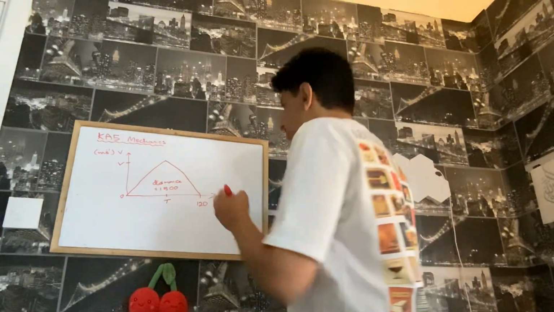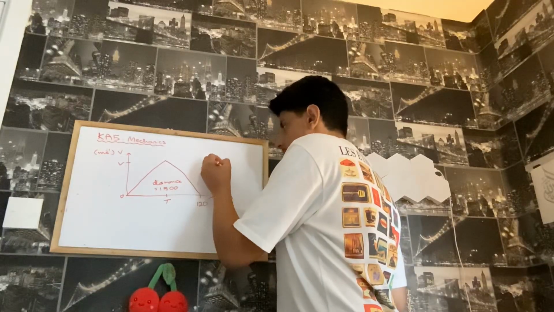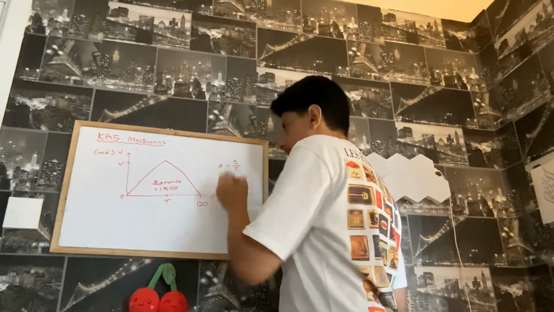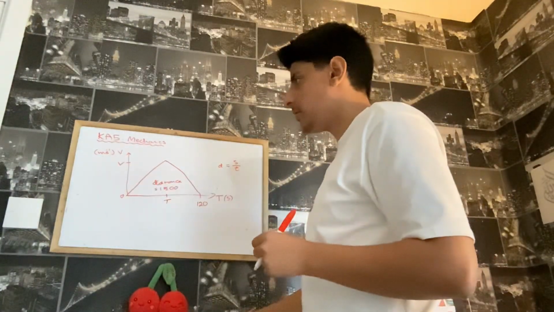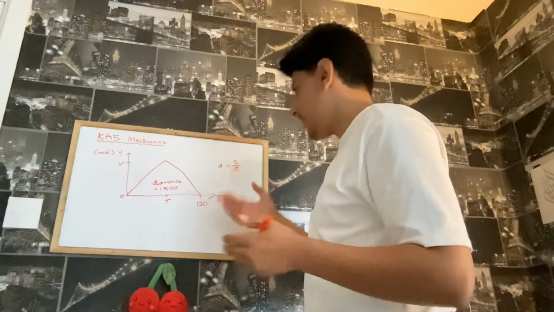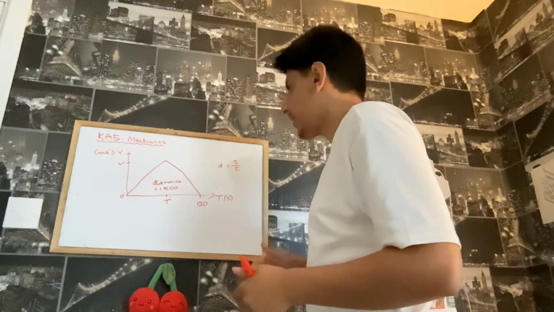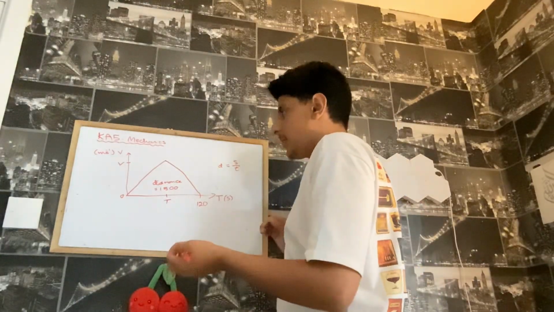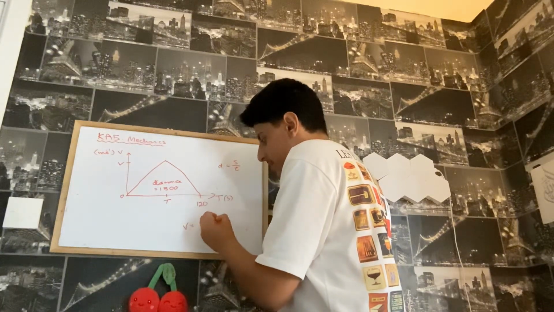Distance is speed multiplied by time. Or also, if you integrate it, you would also get distance. Think about it like this: velocity is meters per second to the power of minus 1.